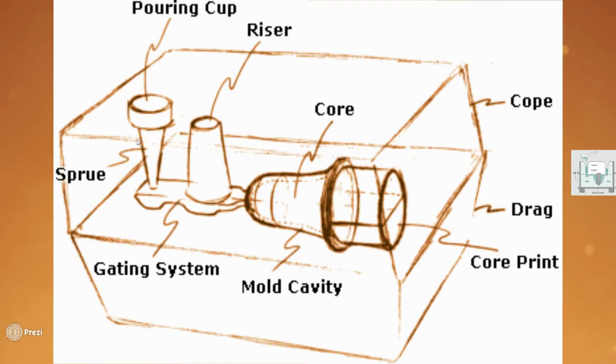Next, the passageway from the pouring cup is called the sprue, as I mentioned before, and then the ingates will take you to your main cavity. Now, right here, you can see they have a riser. Some risers go all the way to the top and open into the atmosphere and serve as a vent. And some risers don't go all the way up to the top, and it looks like this one is not going all the way up.